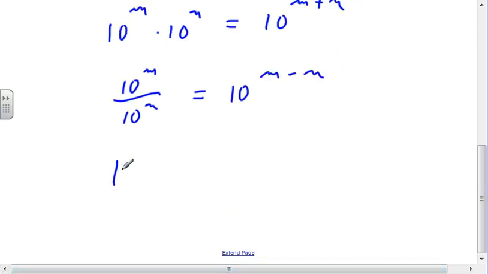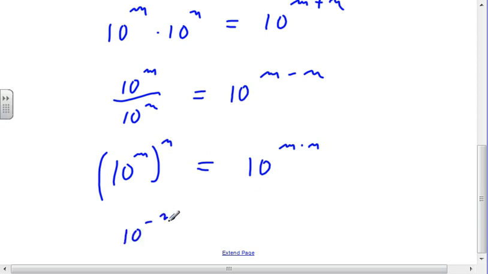And 10 to the m raised to the n is 10 to the m times n. Good enough? 10 to the minus n is 1 over 10 to the n. 10 to the 0 is 1. Okay, good enough? So now with my calculator in scientific notation, we want to do whatever the problems say to do.